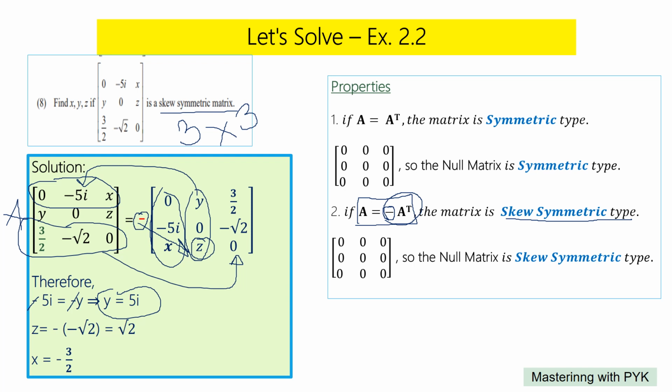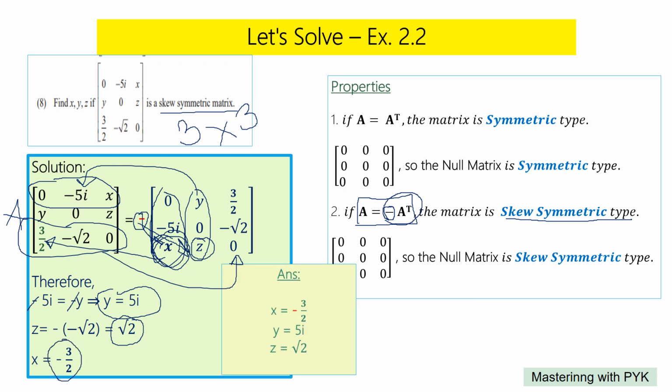So this becomes a positive √2. And x, where is our x? Here. So x is same as 3 by 2, and also don't forget the negative sign. Right? So x is -3 by 2. So the answer is x is -3 by 2, y is 5i and z is √2.